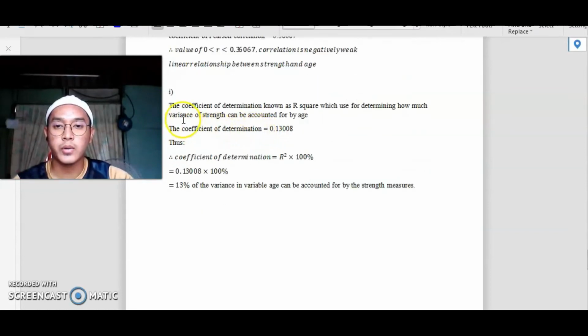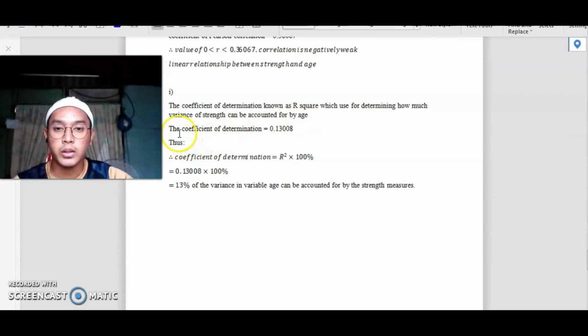Okay, for the last question, it is I. The coefficient of determination, known as R square, is used to determine how much variance for strength can be accounted for by age.